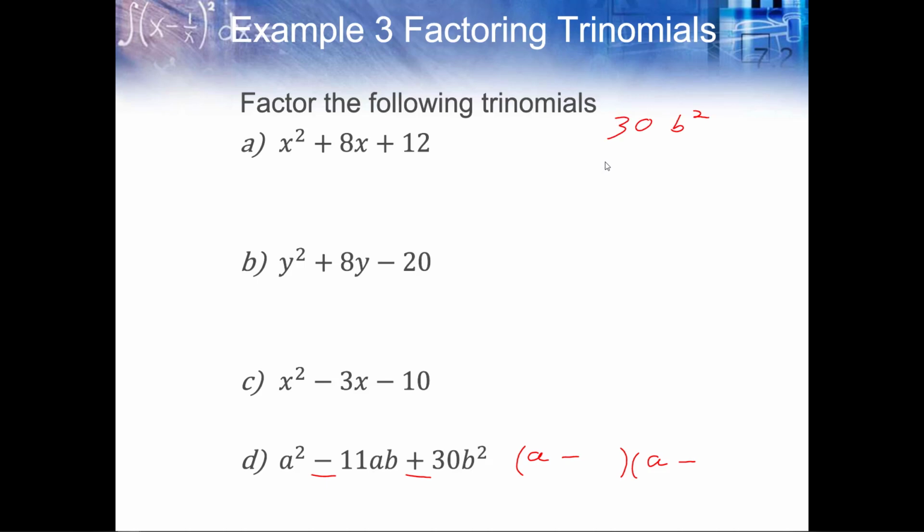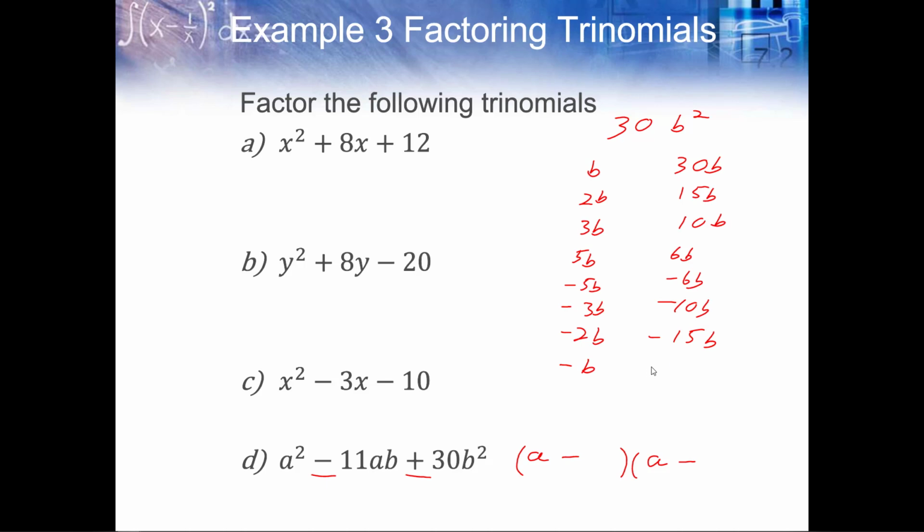Well, that would be b and 30b, 2b and 15b, 3b and 10b, 5b and 6b. And that's as high as we can go. So now we can do negative 5b, negative 6b, negative 3b, negative 10b, negative 2b, negative 15b, and then finally negative b, negative 30b.